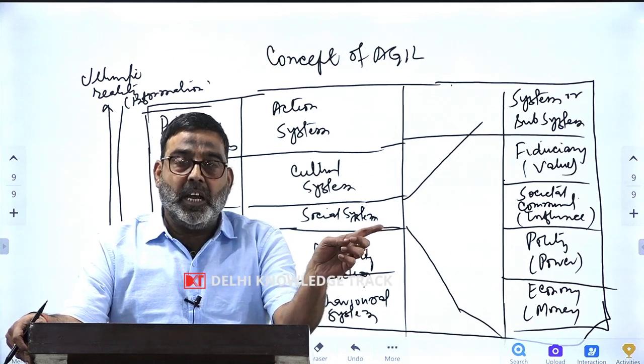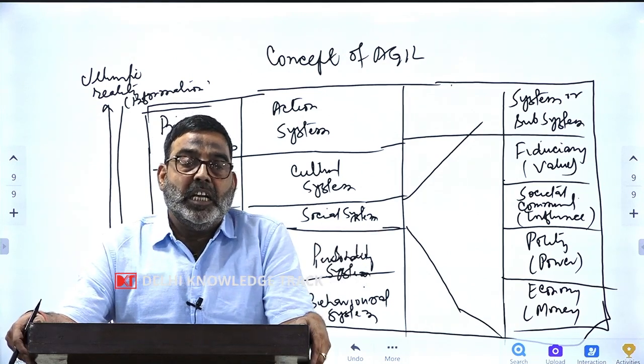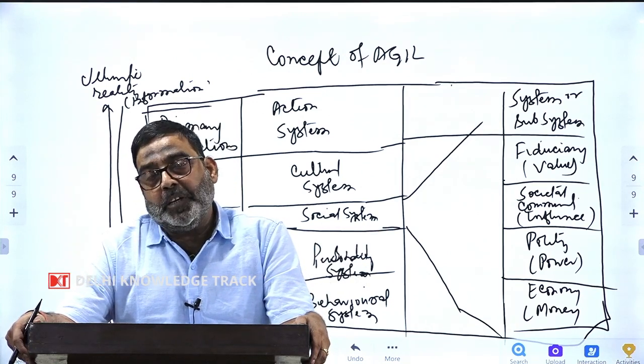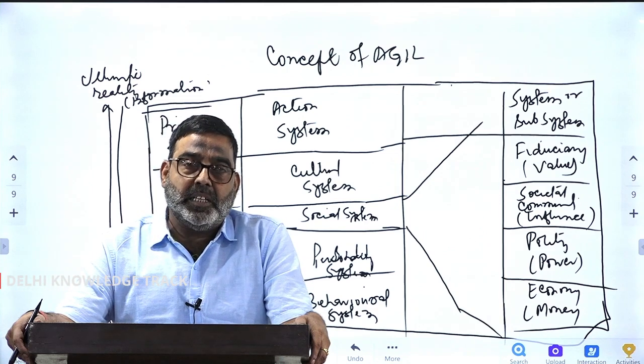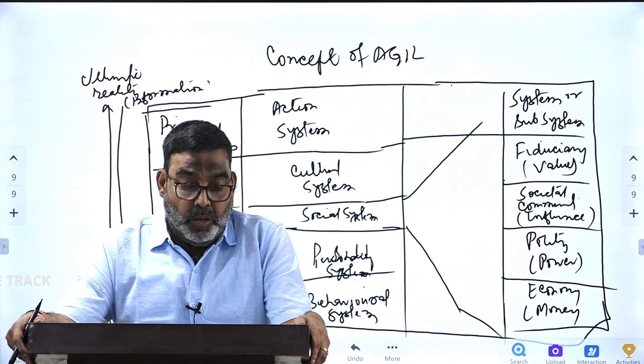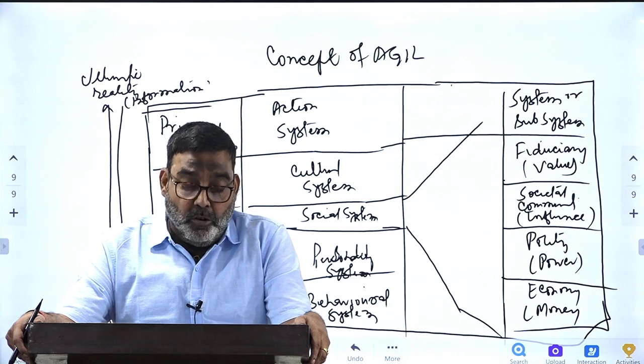Though just when we started, I said that Parsons has been accused of being an incredible theorist. But particularly in terms of the AGIL, Parsons has basically collected data from the American University, in which he works, on higher education.